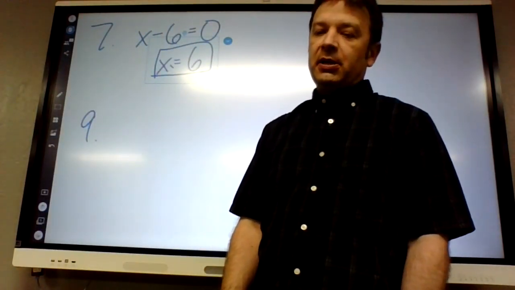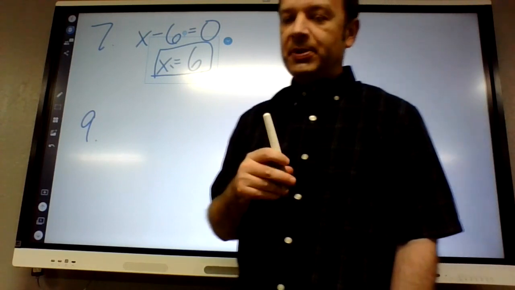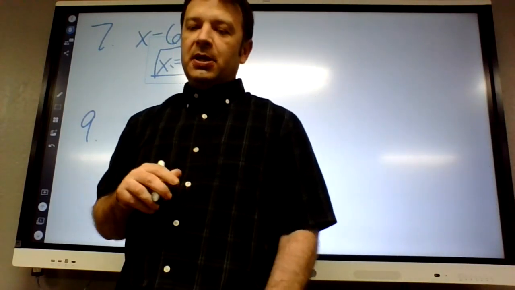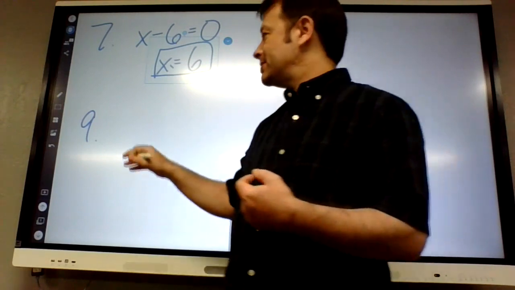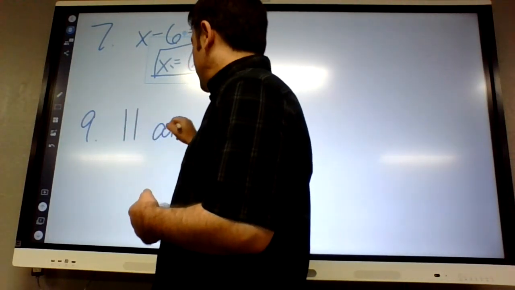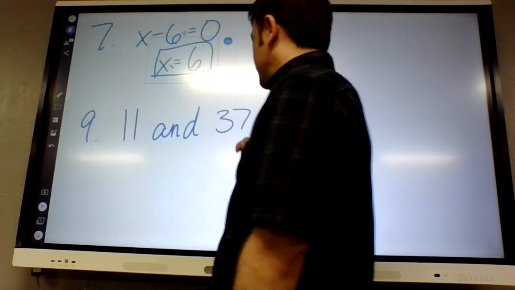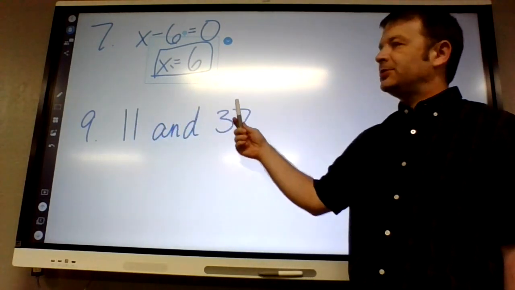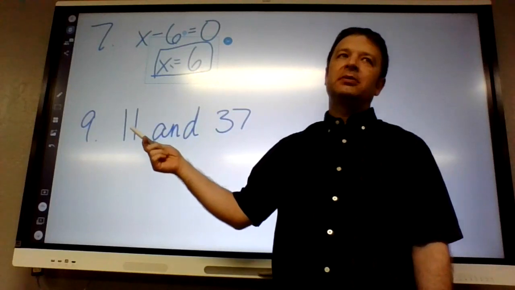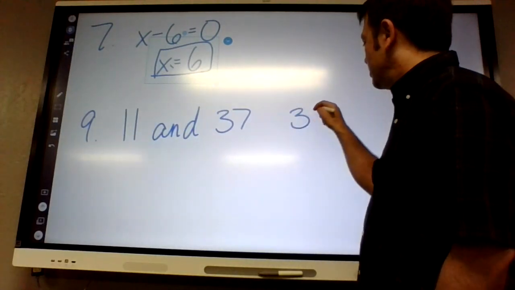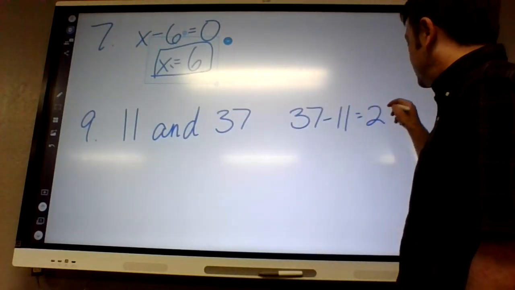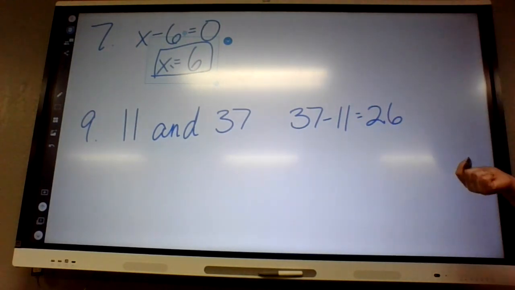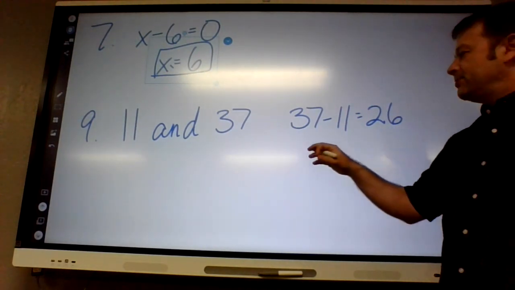Number 9. We didn't talk about this yet, but it's not too much to it. They're asking for the distance and the midpoint of these two numbers. I'll explain why in a second. So how do I find the distance between these two? Subtract, right? 37 minus 11 is 26. Well, what if I subtracted backwards, though?